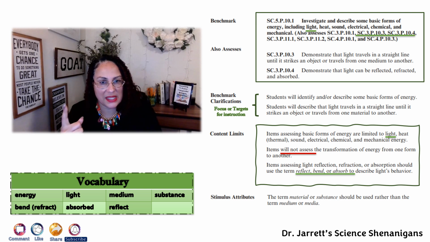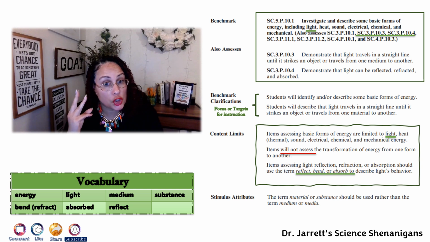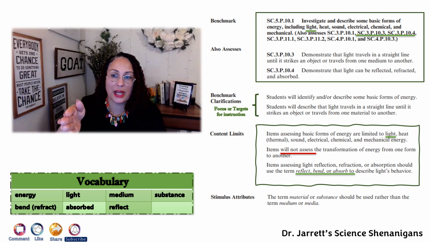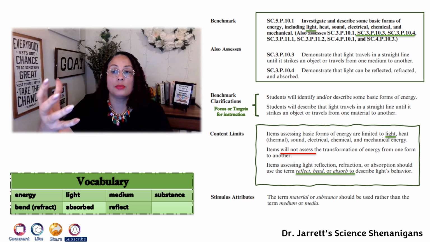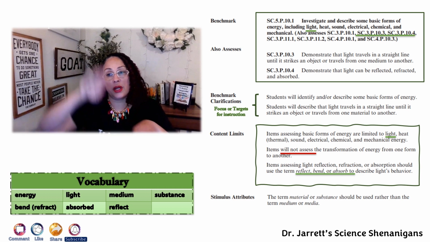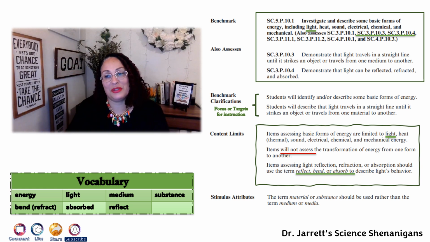You're going to have them investigate, describe, demonstrate, and identify what is going on with light. It travels in a straight line until it hits something. And so either it's going to be absorbed, it's going to reflect, or it's going to bend. That's how I do it with the students.